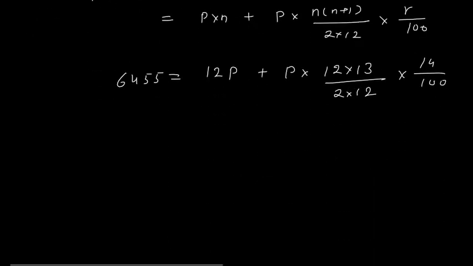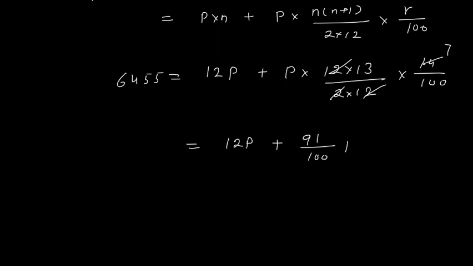Now simplify: 12P plus, this 12 and this 12 will cancel, and this 2 and 14 will cancel and it will become 7. So 13 sevens are 91. So it is 91 upon 100 P, and here we have 6455.